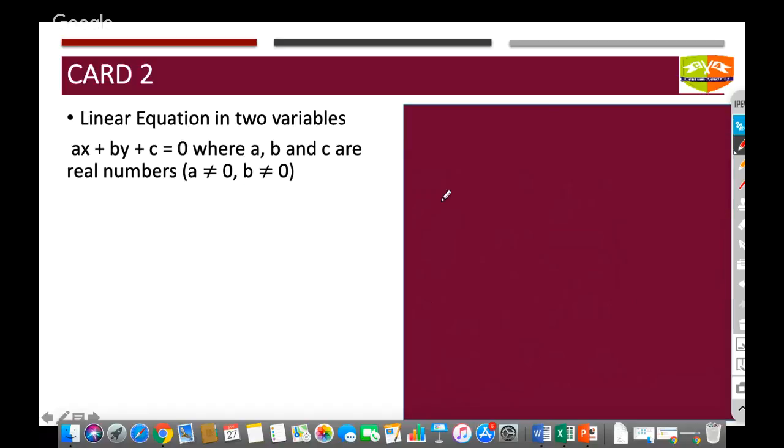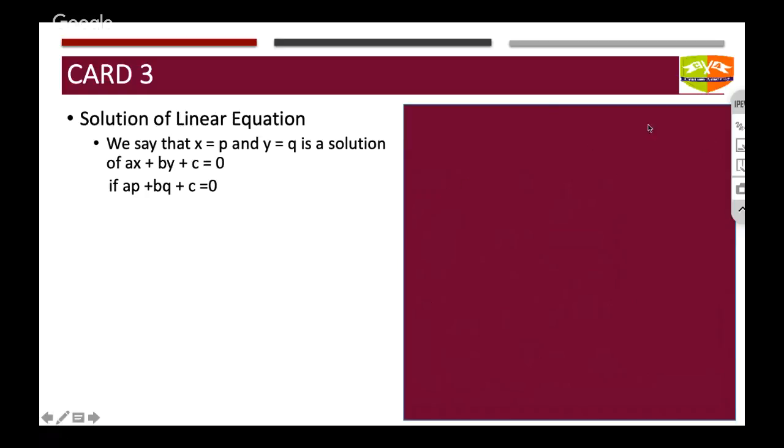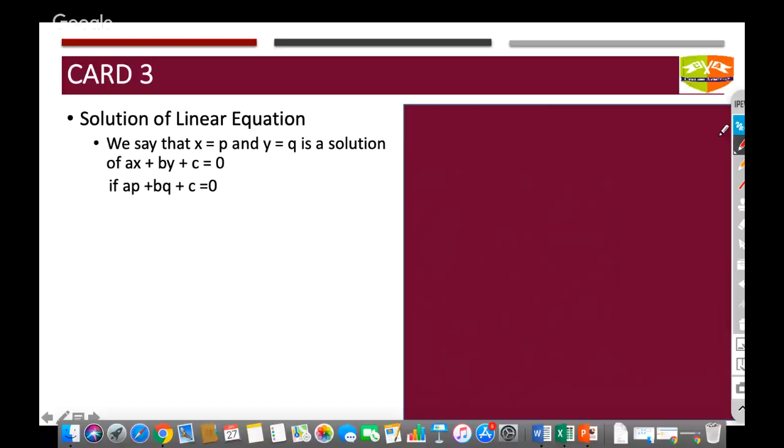Now, how do we solve these linear equations? So, solution of linear equation. Suppose I take any equation, ax plus by plus c is equal to 0, and I replace x with any number p and y with any number q, such that ap plus bq plus c becomes 0. x is equal to p and y is equal to q is known as the solution of this equation.